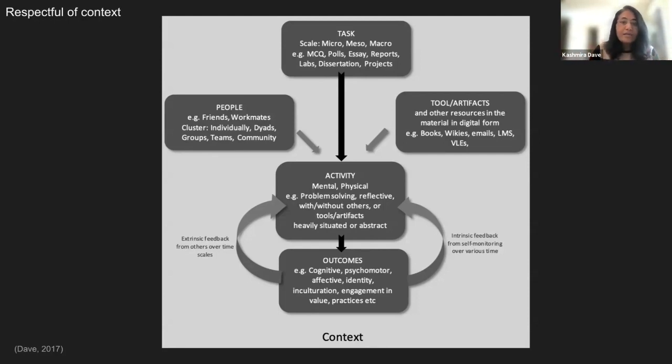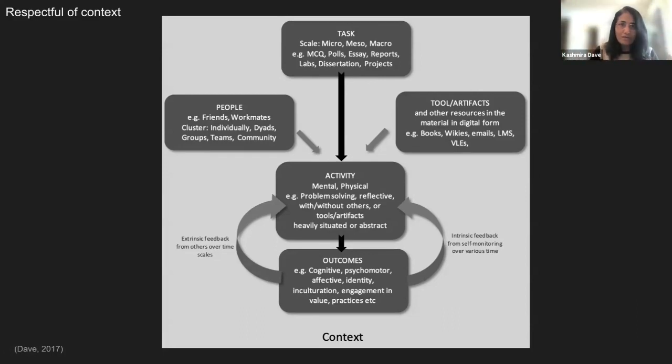And then those tasks are supported with the tools or artifacts or any other resource material that we want to use to be able to get that task done. Now, you can apply this to your course or a particular assessment task, maybe at a course, program or faculty level. And basically we are still doing the same thing.